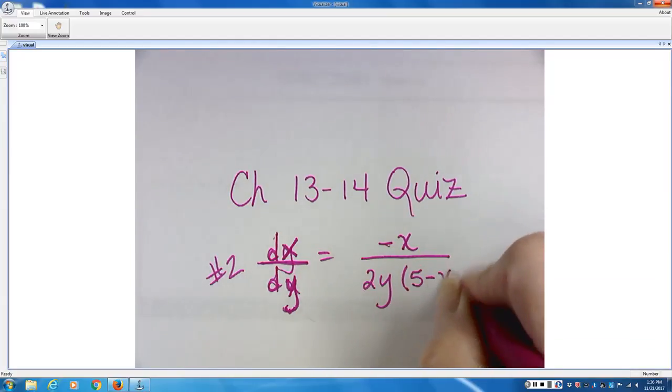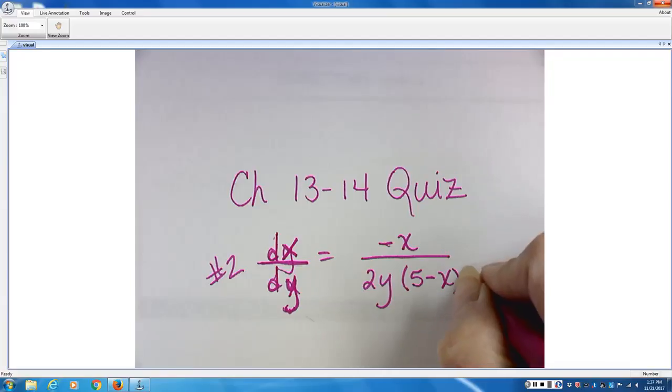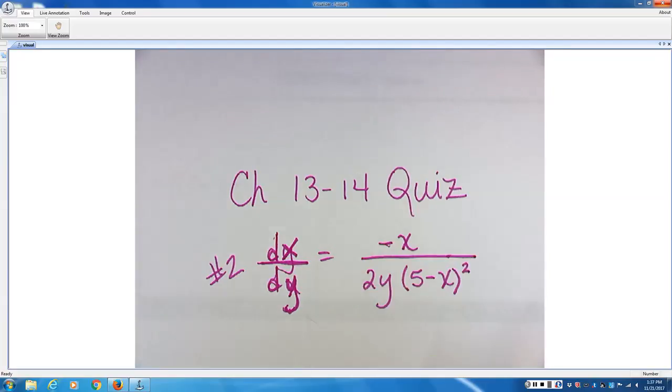Yes. How'd you get that? I got the right answer on that one, unless I made a math mistake, because I tried working it out again. Let's see what you did. 5 minus x times 1 minus 5 plus x times 1.